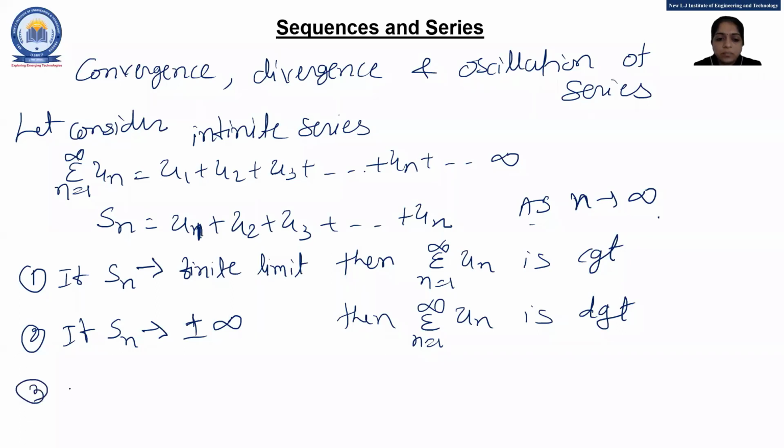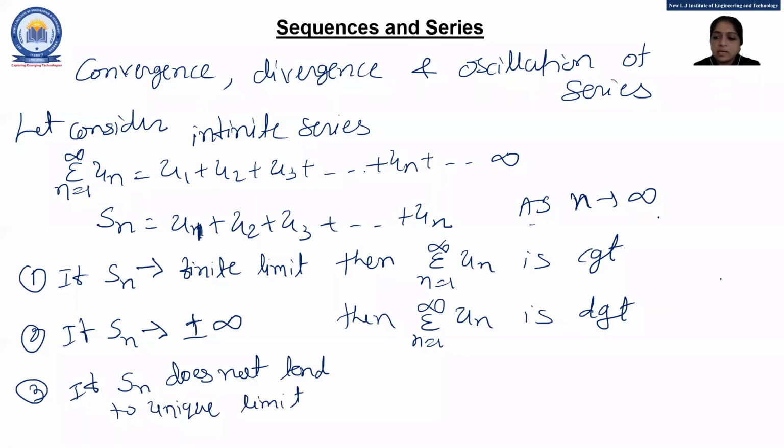And number three, if Sn does not tend to a unique limit as n tends to infinity, then the series summation n equals 1 to infinity of un is oscillatory. Okay, students, understand?